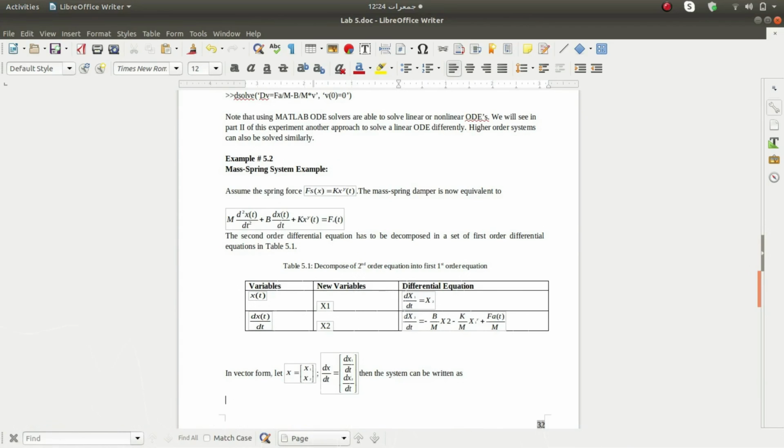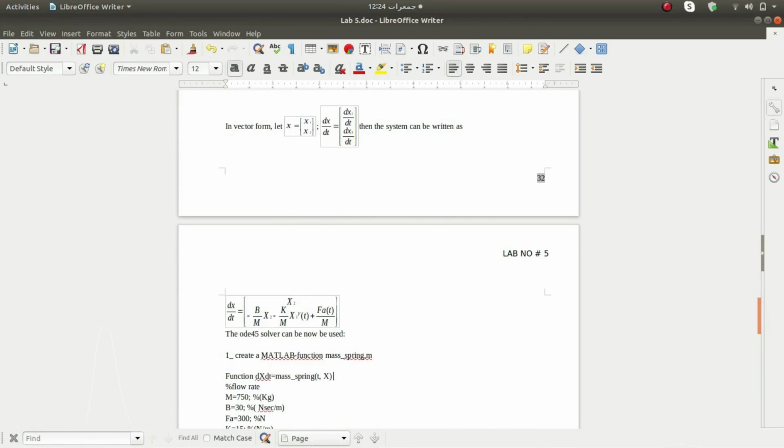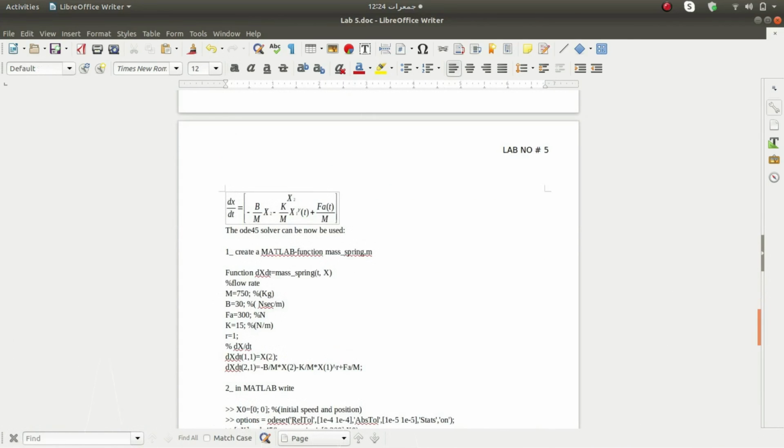Now we have to solve this differential equation. So we use the same method: we first create a function, which is the mass_spring function name, and we created this function by writing function and declaring its parameters. So here we are going to solve for displacement with respect to time.